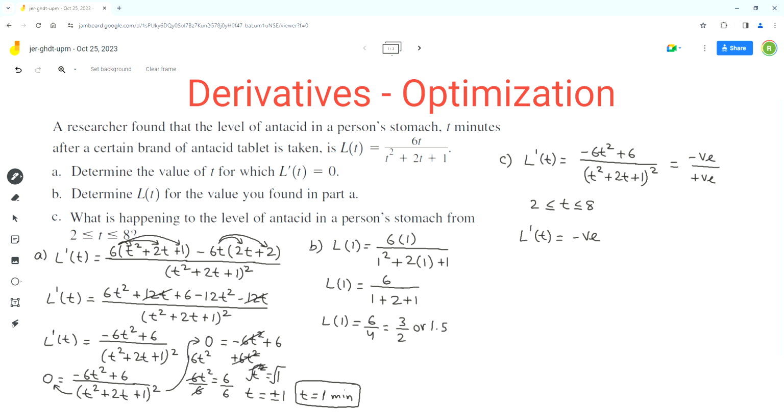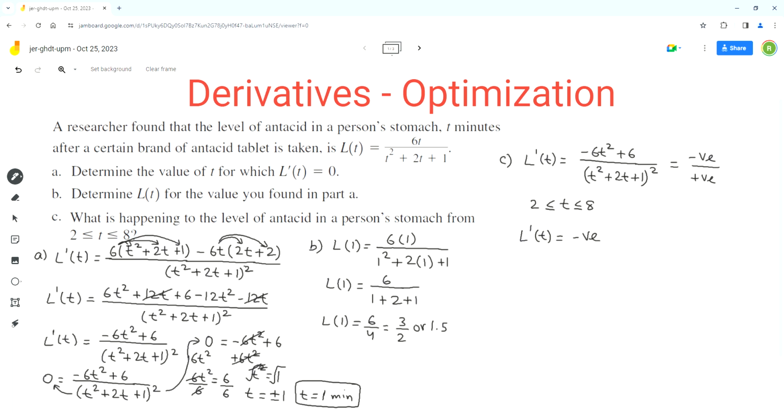And we know the derivative of this L at t function represents the slope of the tangent to this function L at t. And if the slope of the tangent is negative, that means the tangent to the function is sloping downwards from left to right.